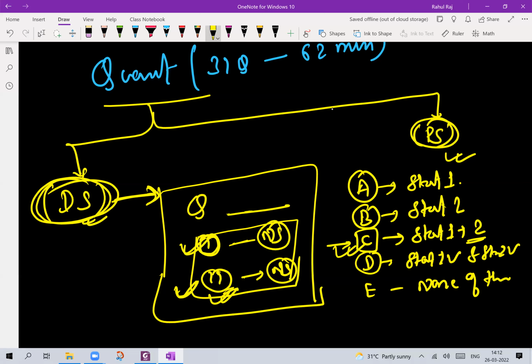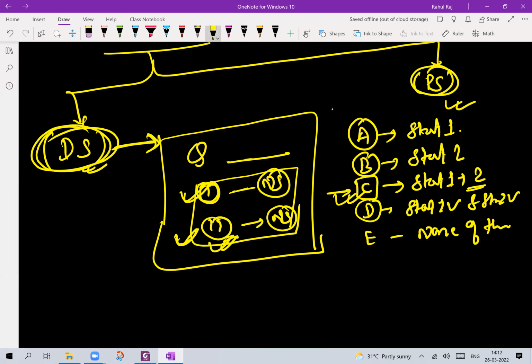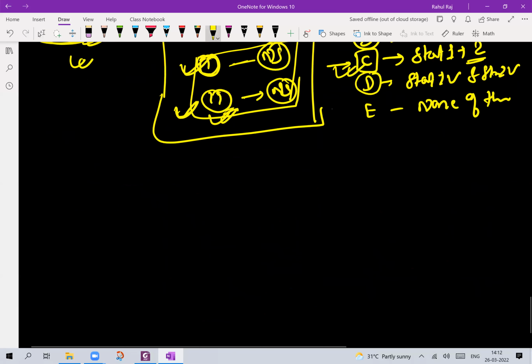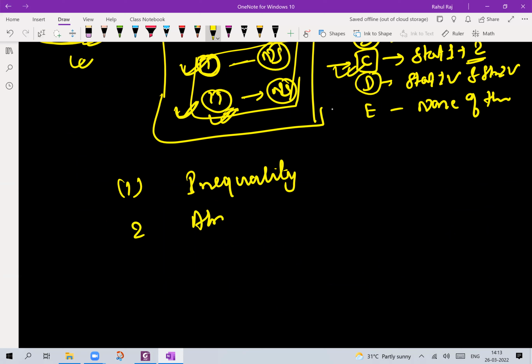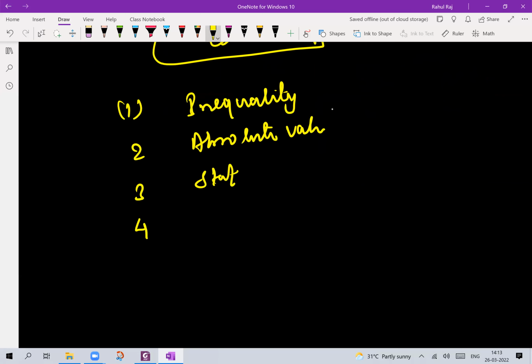You will not understand it in this way; we'll come to this. So what happens, guys? Data sufficiency is given a humongous importance in the Quant exam of GMAT for sure. And the way we'll be going ahead with the chapters is, the first chapter that we discuss is inequality. The second chapter that we discuss is absolute value. The third chapter we discuss is statistics. The fourth chapter we discuss will be number system.